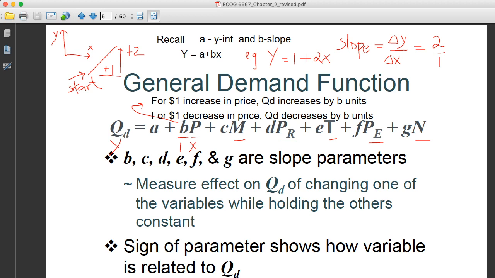What do we call that? There's different terms for it.